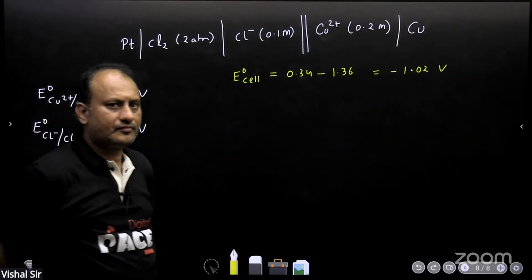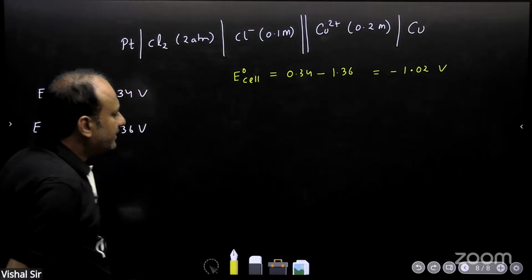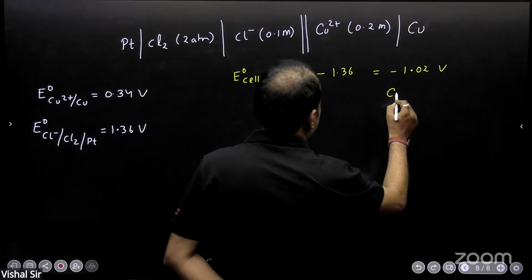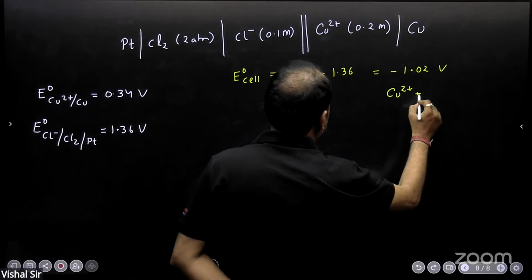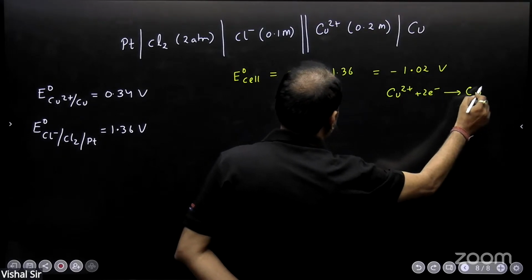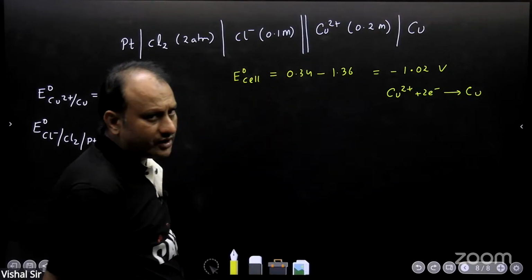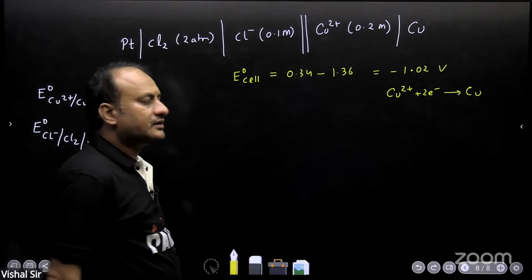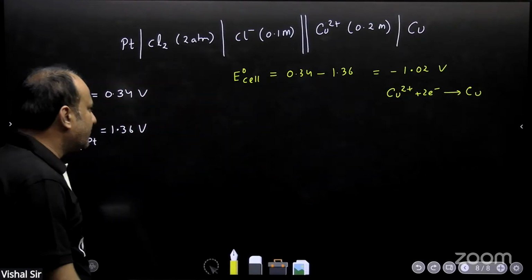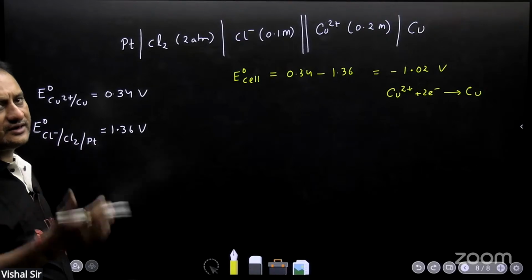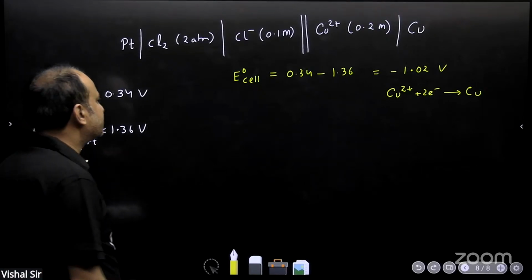Now for N factor and Q, let's write the reactions. Reduction reaction at cathode: Cu2+ plus 2 electrons goes to Cu, higher oxidation state to lower oxidation state. Oxidation at the chlorine half cell means lower oxidation state to higher oxidation state.